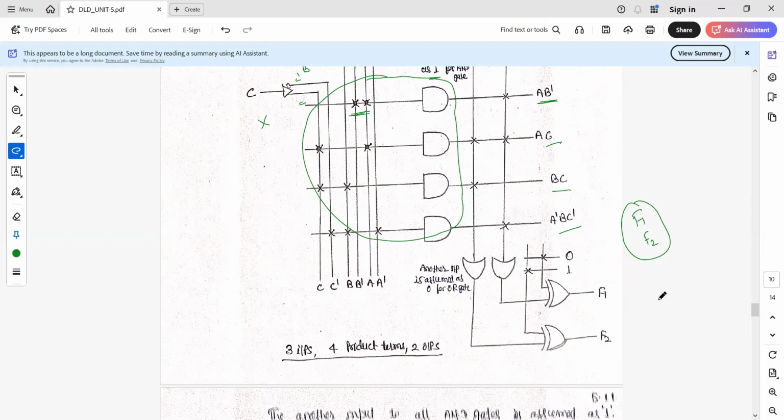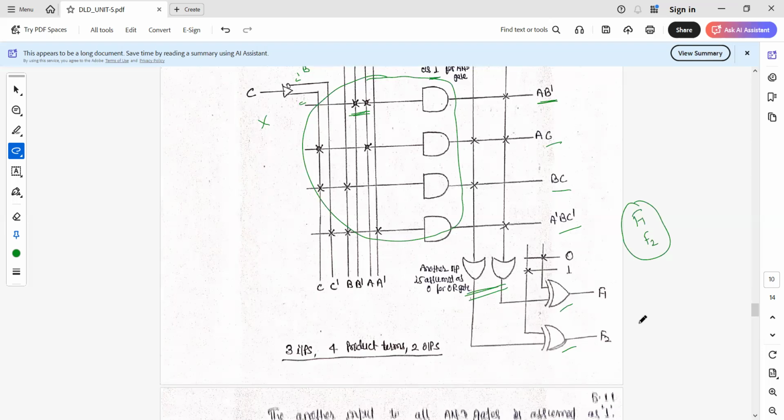Now since one function is with complement and another is without complement, we are going to use the XOR gate. Suppose both functions are without complement, then we don't require this XOR gate; here itself we get the desired output. But here we have one function with complement.